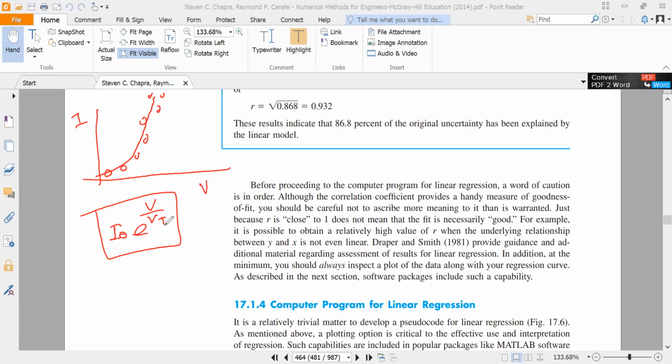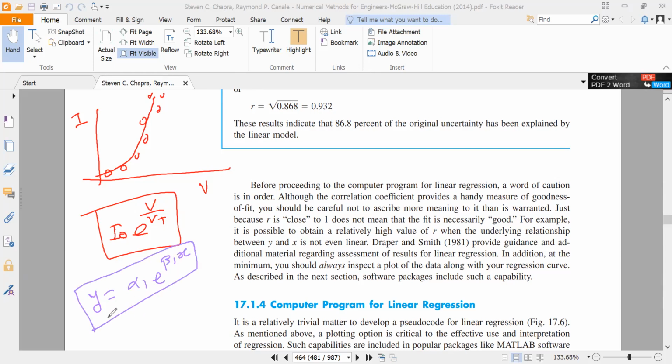Because many parameters are involved, that curve can be expressed generally in this way. For example, y is equal to alpha 1 into e to the power beta 1 x, or something like this. Yes, sir.